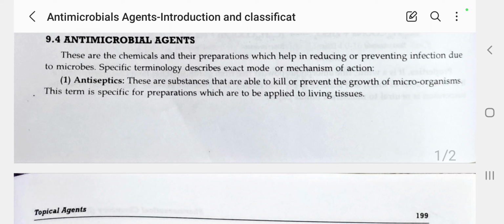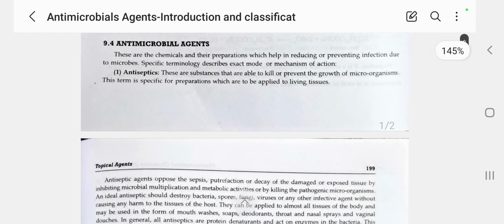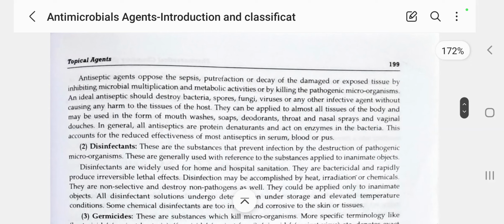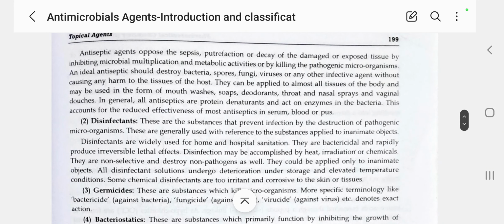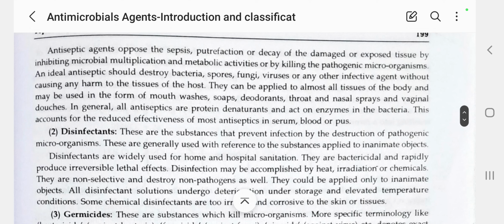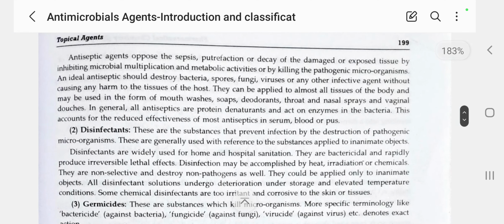Antiseptic agents oppose sepsis, putrefaction or decay of damaged or exposed tissue by inhibiting microbial multiplication.